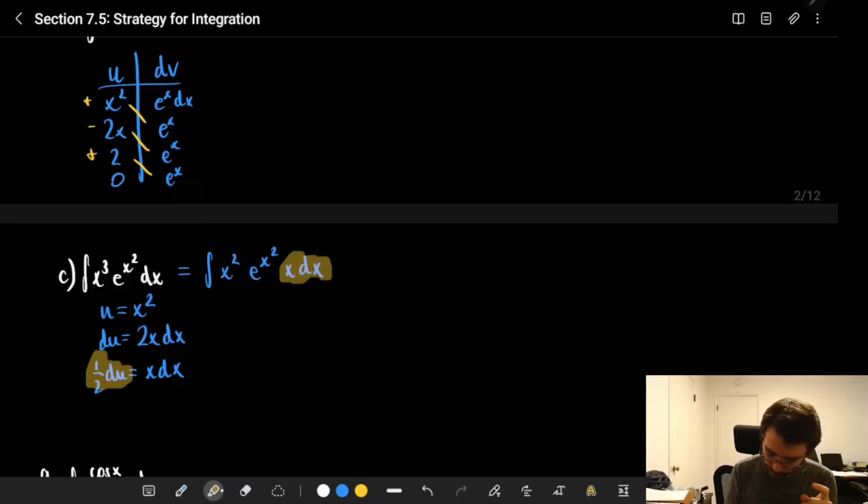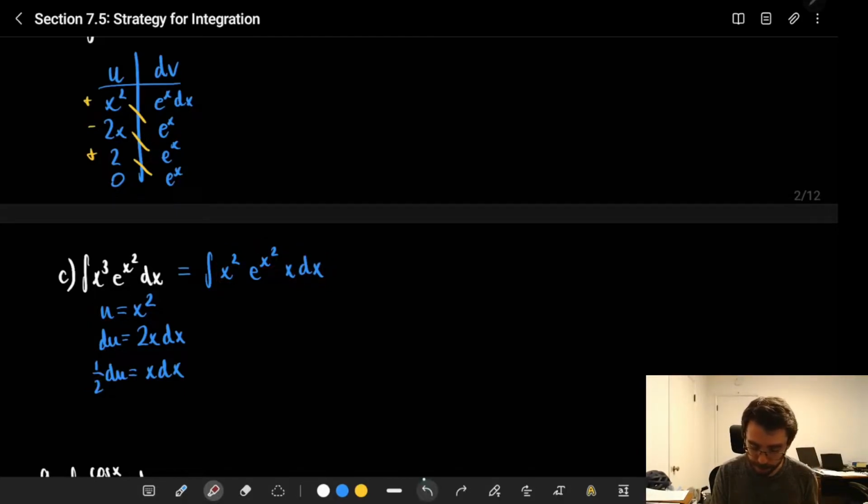Here's x squared, that can be replaced by u. Here's another x squared, that can again be replaced by u. So it's a weird u substitution, but I think this will work. So you say this is now u e to the u du, and I forgot my 1/2. Now that is a classic integration by parts.